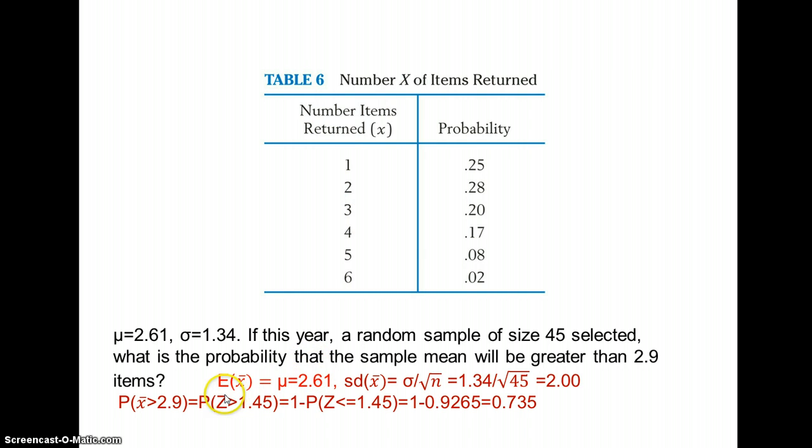So I use this information from before, and I can calculate the expected value, which is the average of average, because we're talking about average, and that's the same as the population mean 2.61, as we explained before.